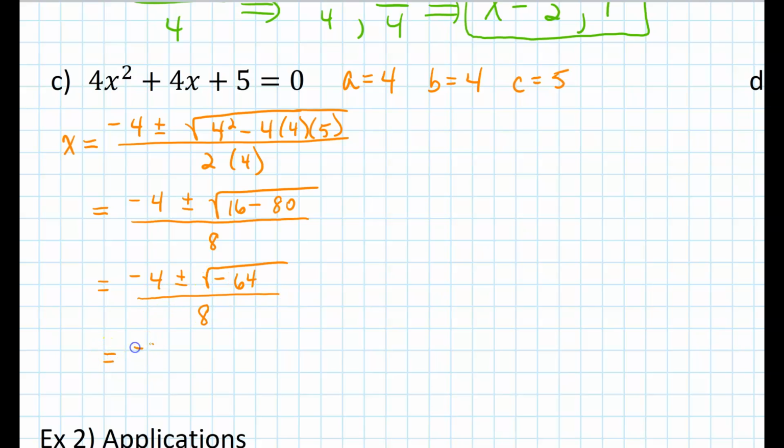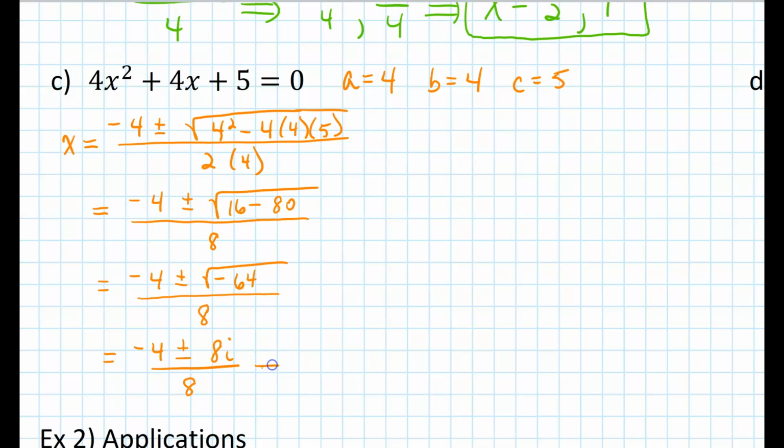So that's -4 plus or minus. What is the square root of negative 64? 8i. So 8i divided by 8. Okay, and you always want to remember when you're working with imaginary numbers, if you have a real part and an imaginary part, you always want to separate those two. That's what a complex number is made up of, a real part and an imaginary part.